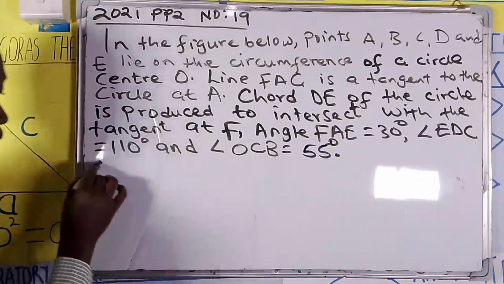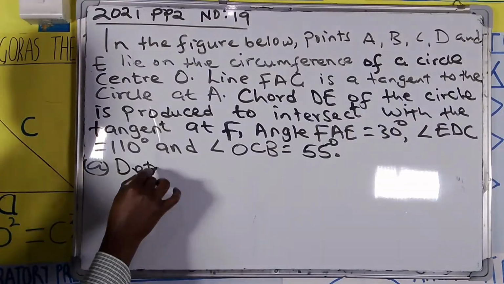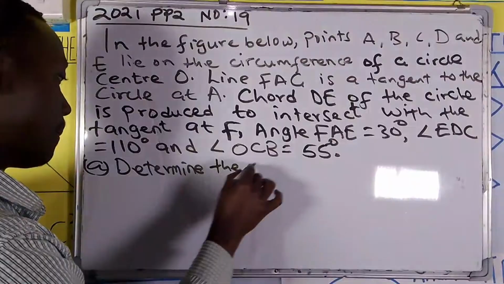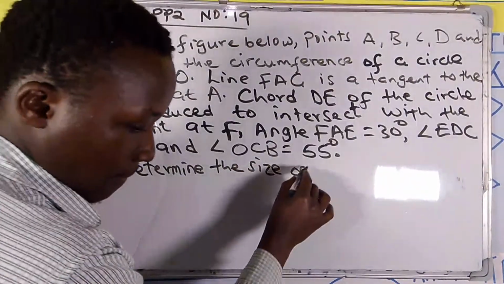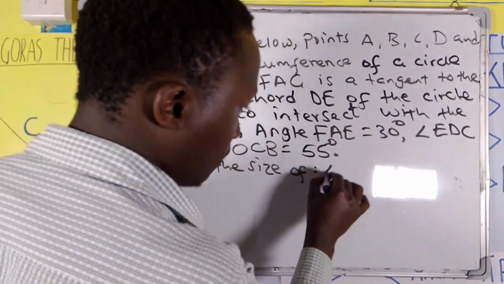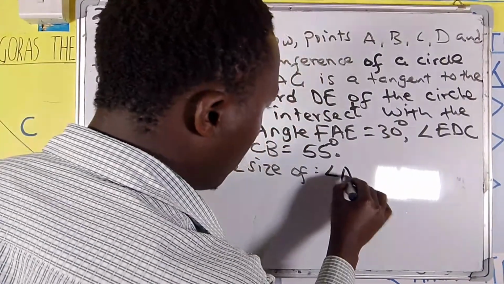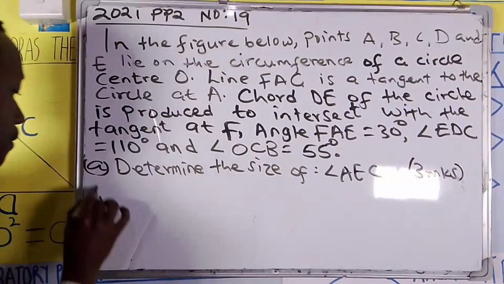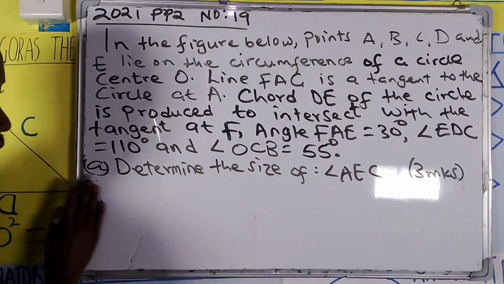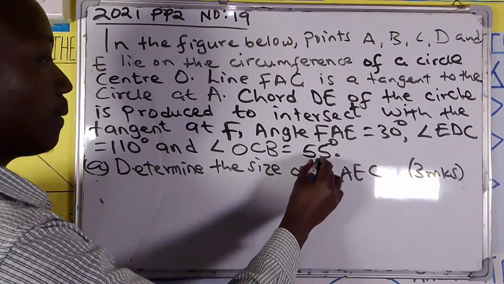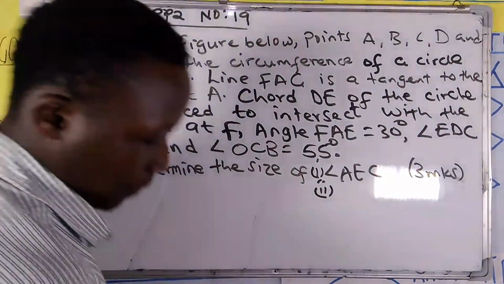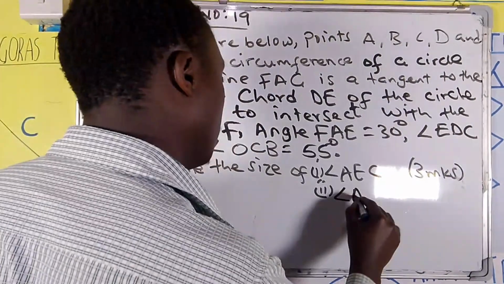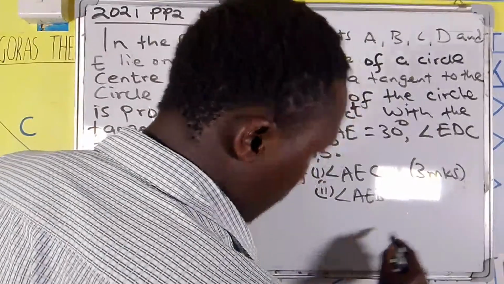A, determine the size of angle AEC, 3 marks. That is Roman 1. Roman 2, angle AEB, 3 marks.